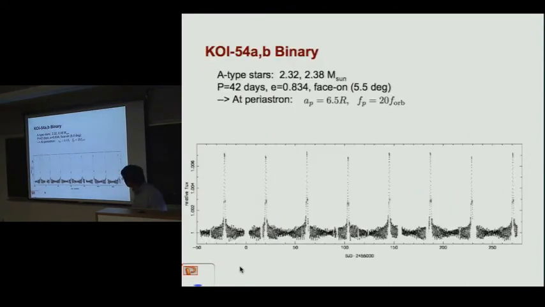It's an A-type star, 2 solar masses, with a 42-day eccentric orbit. The pericenter separation is 6 stellar radii. The corresponding orbital frequency at the pericenter is about 20 times the mean orbital frequency.